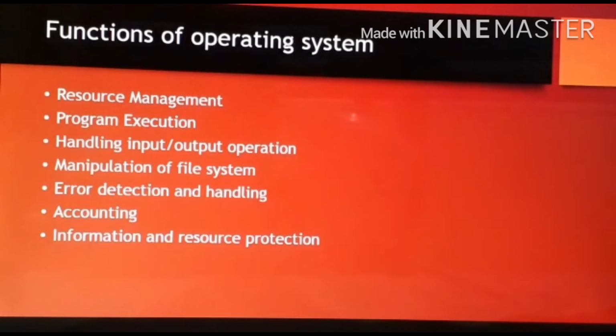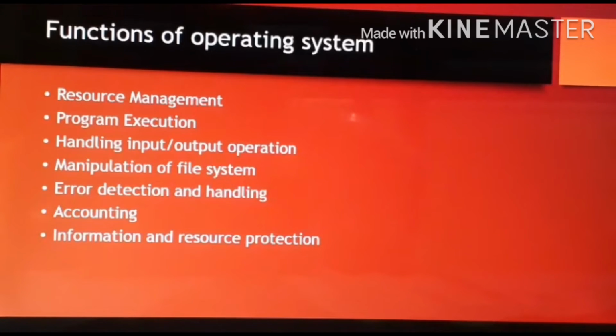Now student, next is manipulation of file system. See, what is the use of this file system in our computer? Basically, our memory is properly arranged with the help of files. Whatever we are saving is saved in the manner of files, and they have different file formats.